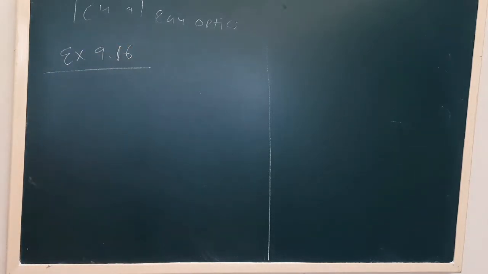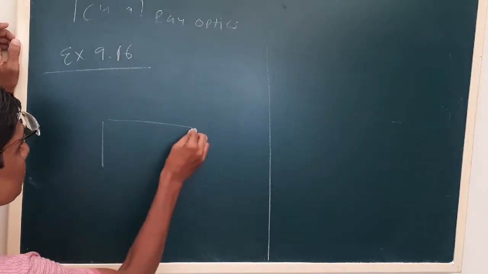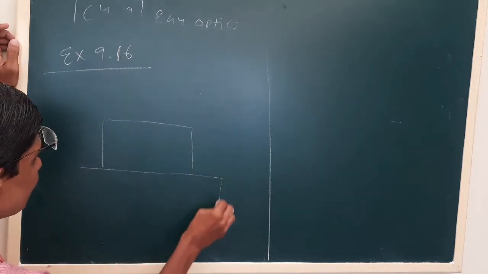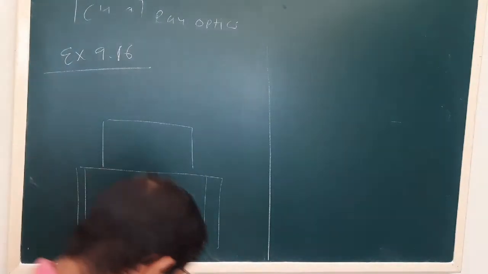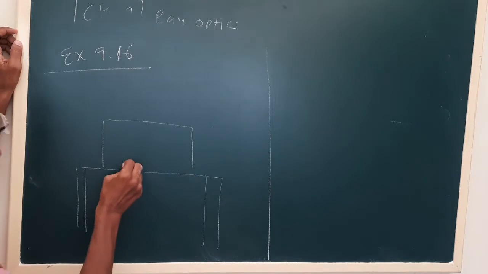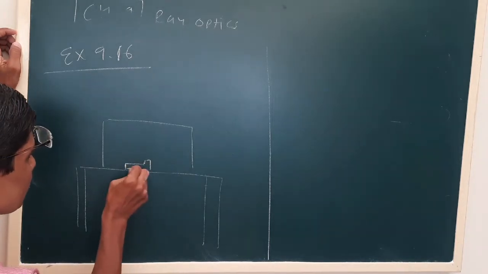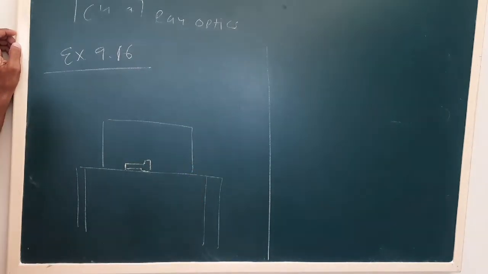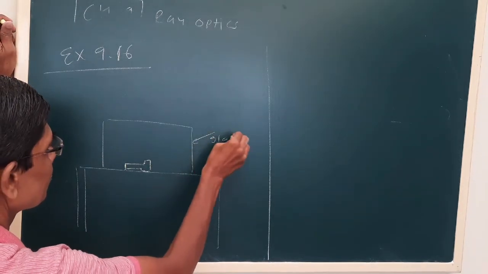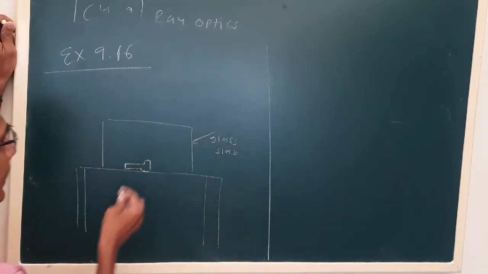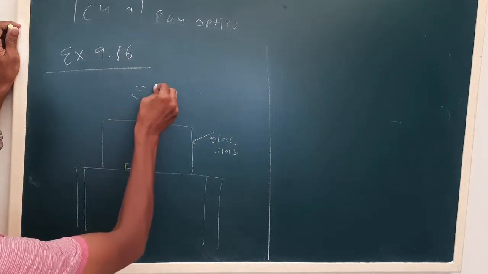Now see a pin, let us say the object is placed here. So this is a table, and this is a glass slab, and we observe from here.